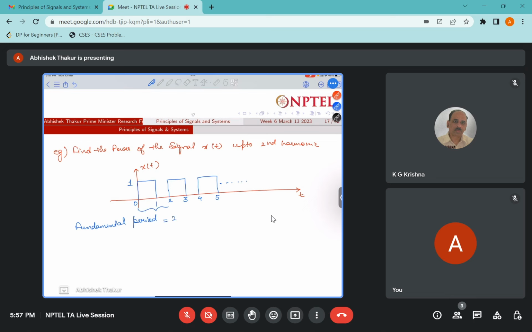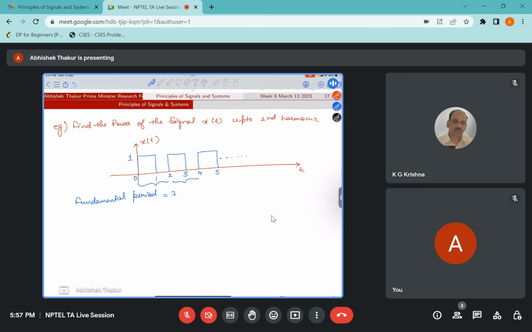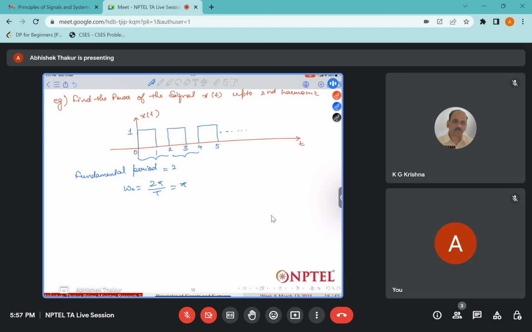As you can see, for every 2 units, the signal is repeating. So omega naught is equal to 2 pi by T, which is equal to pi. So here we can define our signal x(t) in the fundamental period.